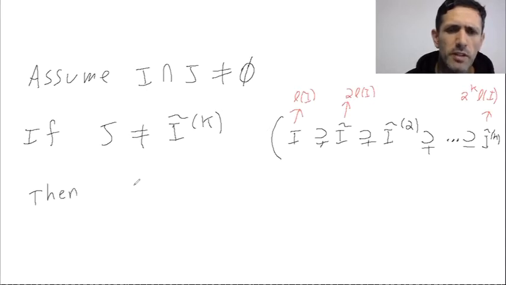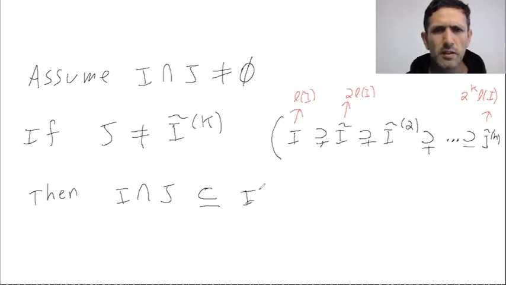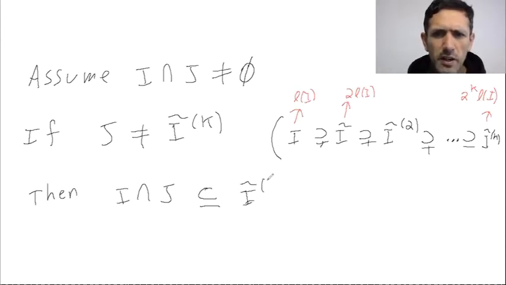Okay, so if this is the case, then I intersect J is certainly a subset of I tilde k intersect J. That's pretty trivial.